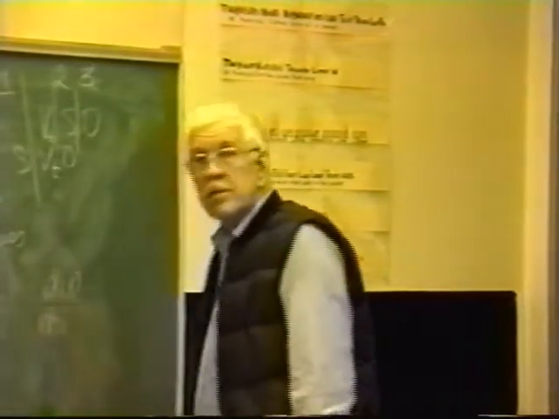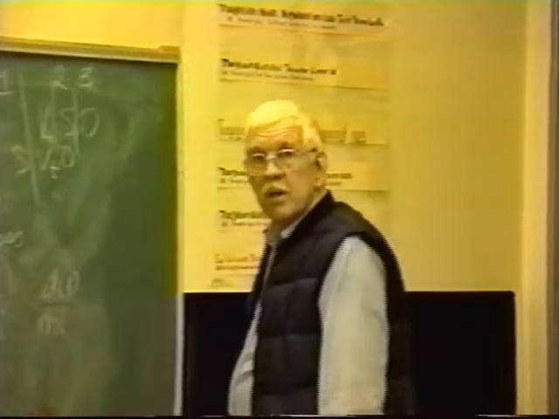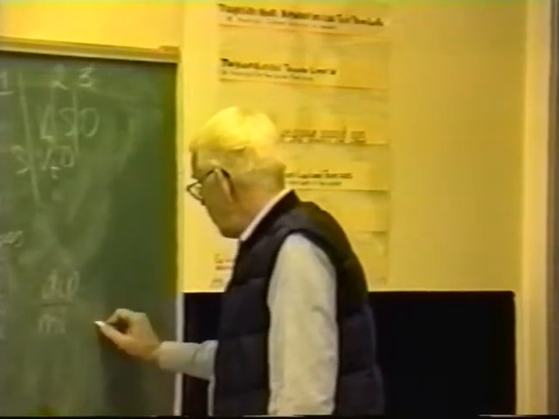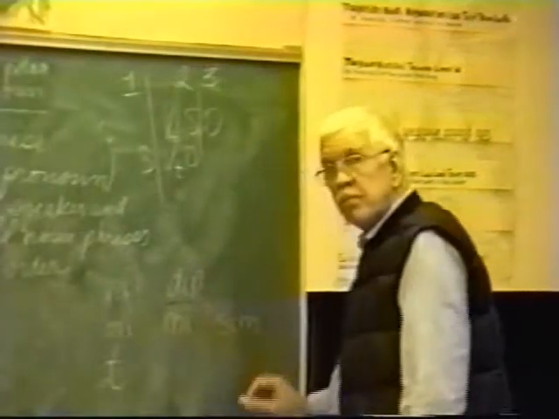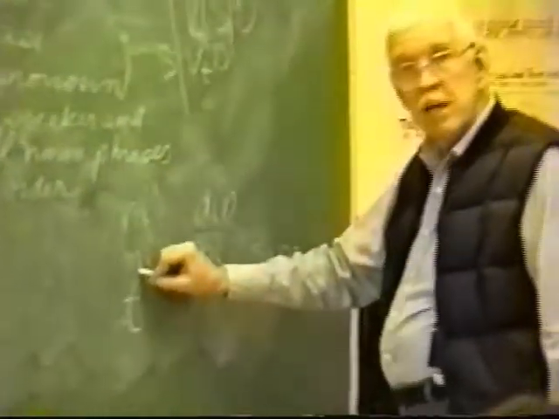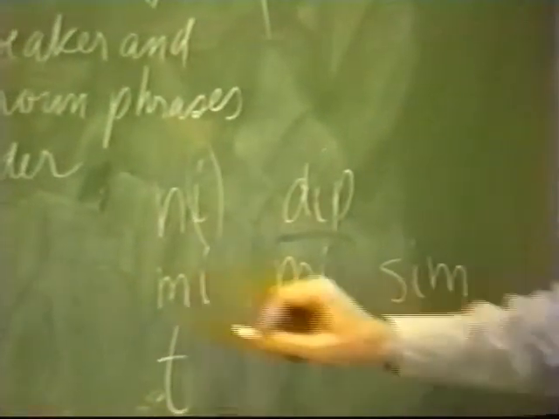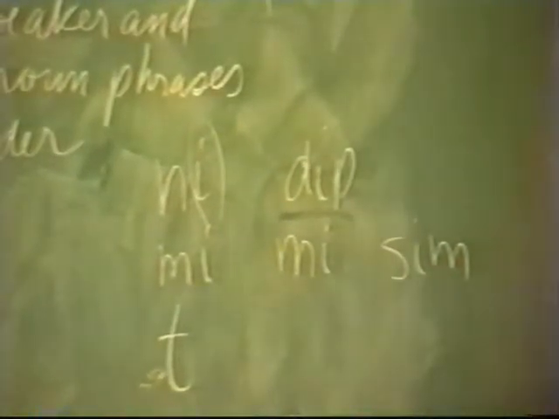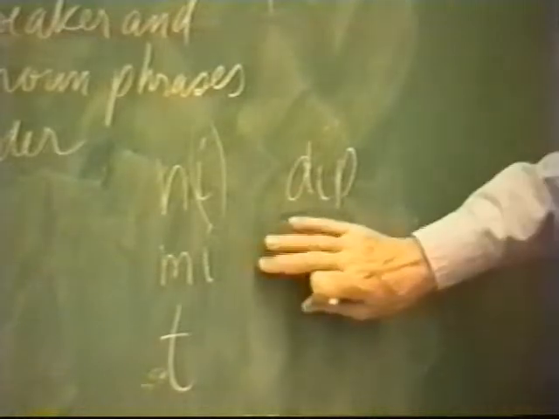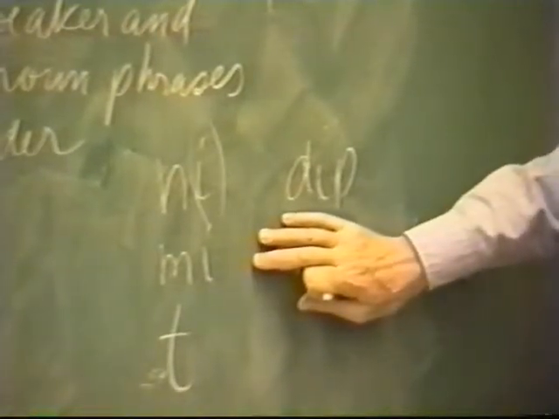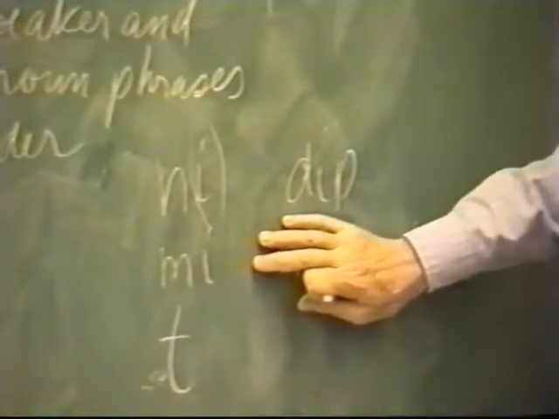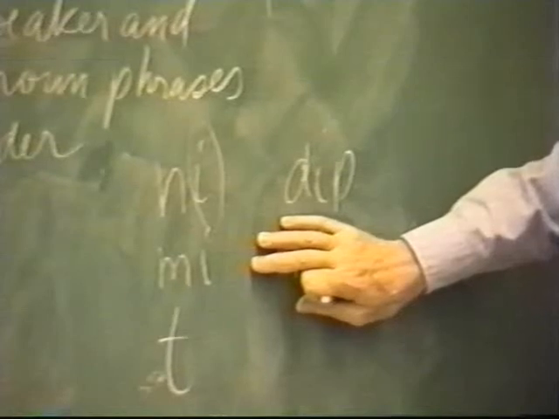And for nisim, the pronouns are different, but it's misim. You see, me is the same as the me here, and the sim tells you that it's plural. And quite often in imperatives, if you tell one person, get it, good.